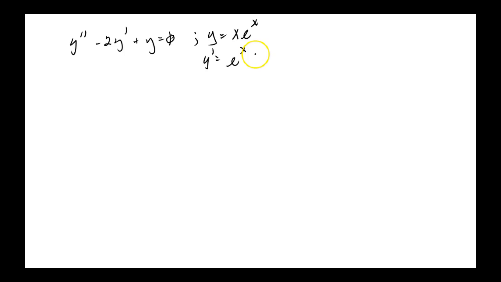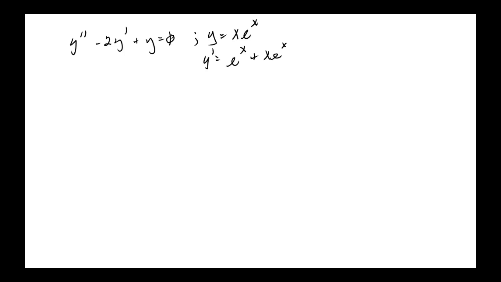Is it e to the x plus x e to the x? Perfect, absolutely. Because it's a product rule situation, right? The derivative of the first times the second, derivative of x is 1 times e to the x. That gives you e to the x plus the first times derivative of the second, x times derivative of e to the x is e to the x.